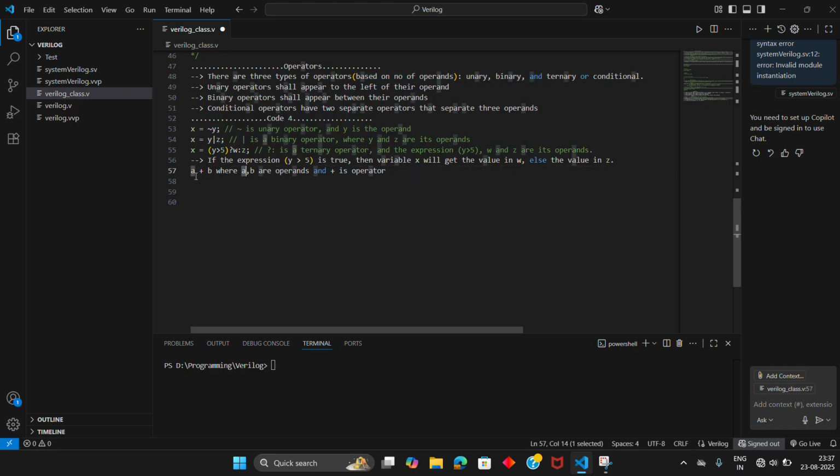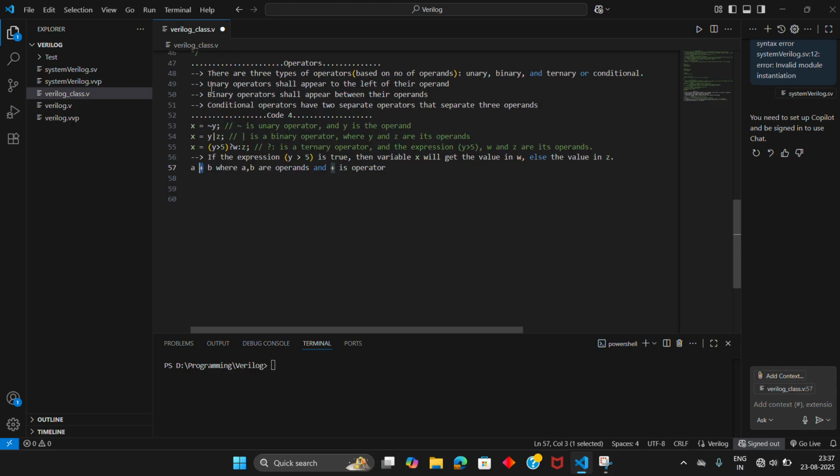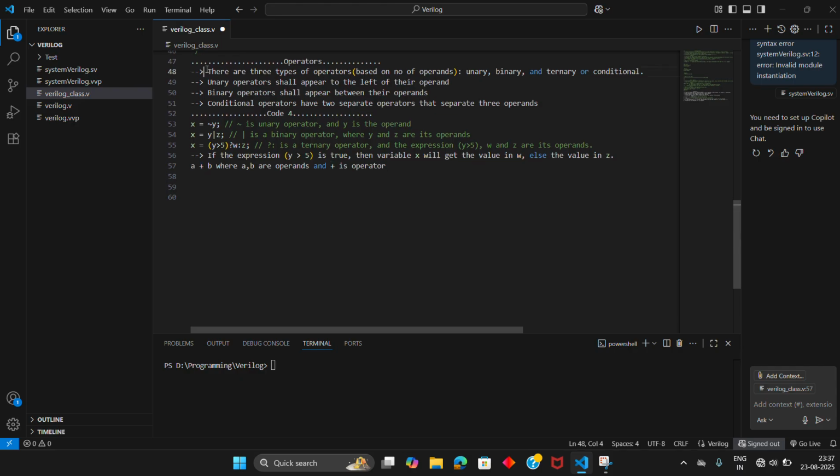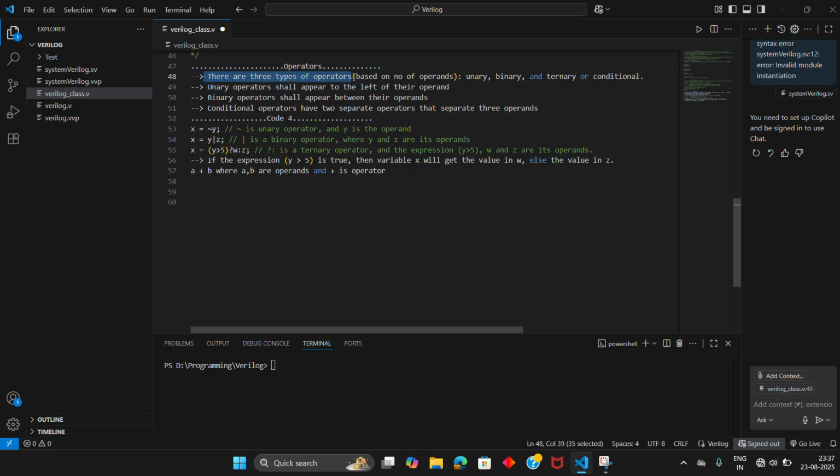In this particular example, there are two operands, A and B, and one operator, plus. There are three types of operators based on operands.